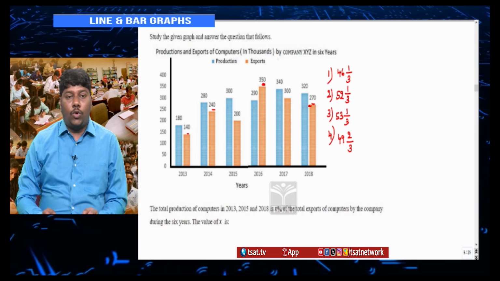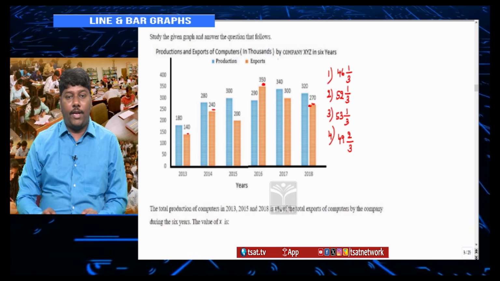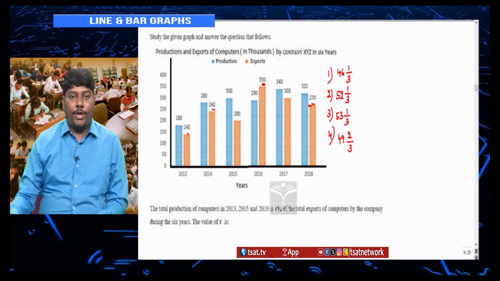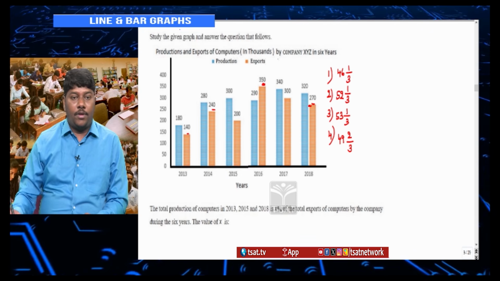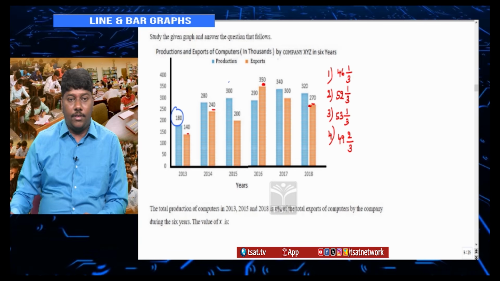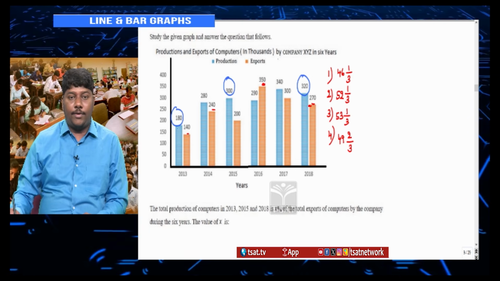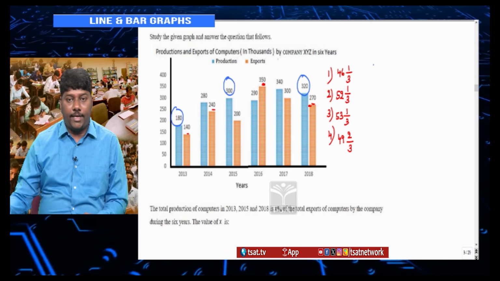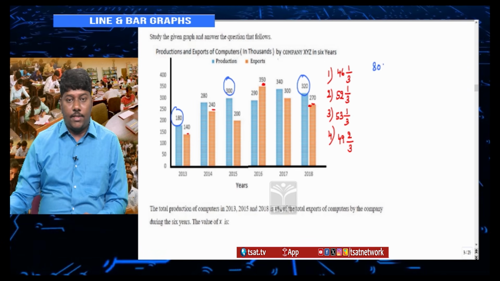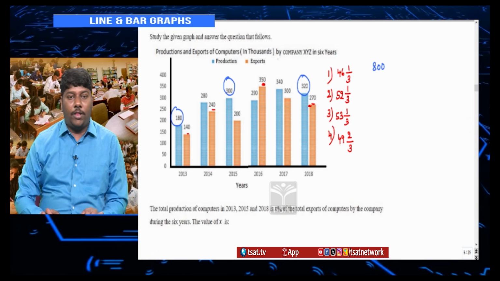Look at this sum. Total production of computers in 2013, 15, 18. He's asking you production, that is blue color, in the year 2013, then after 2015, then after 2018. 320 plus 180, 500, 500 plus 300 is 800, is X% of the total exports during all the 6 years.